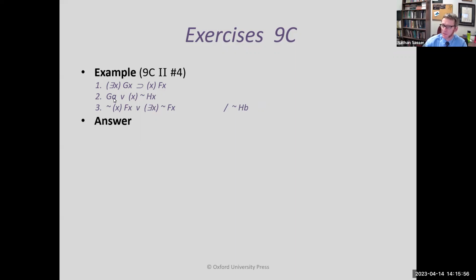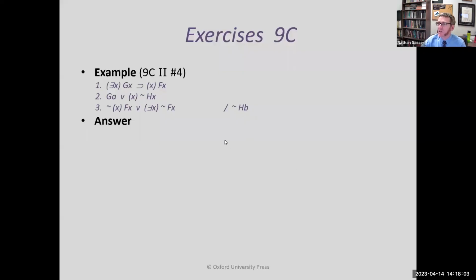It's part of a disjunction. It says either a is g or everything is not h. Now, I can tell already that's what I want. If I could prove that this is true, that everything is not h, then I could prove that b is not h.